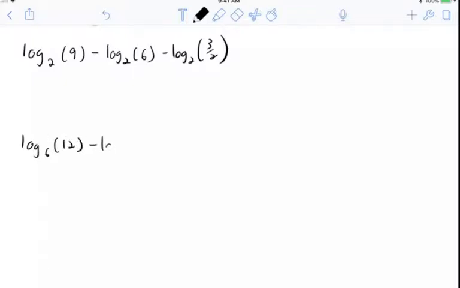Try this one yourself. And then after that, try this one. And then after that, try this one.